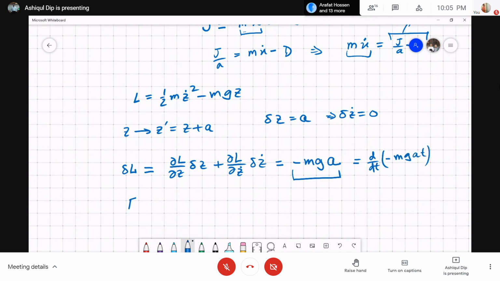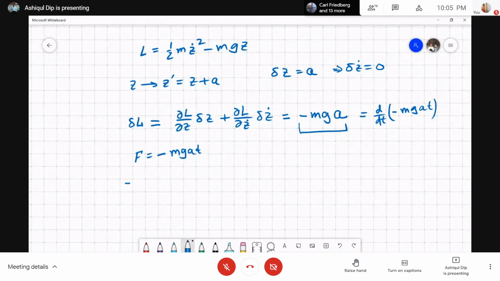So if we choose our F to be negative mgat, then our conserved quantity is J equals delta L by delta z dot times the variation of z, minus F. So it's m z dot times the variation of z, which is a, and what is F?